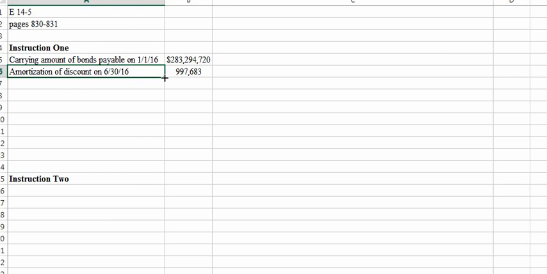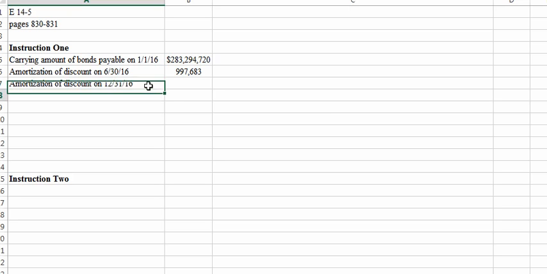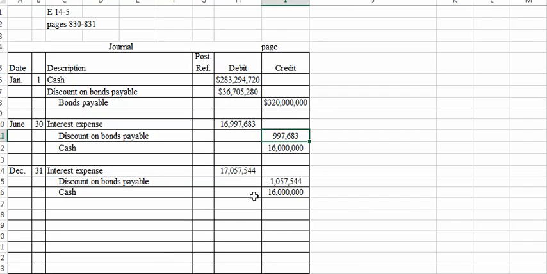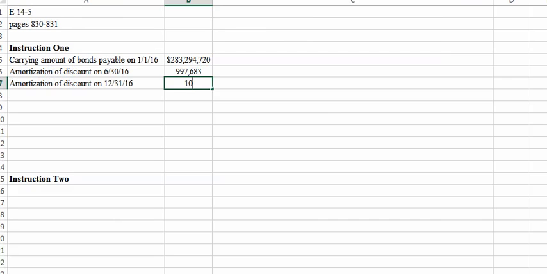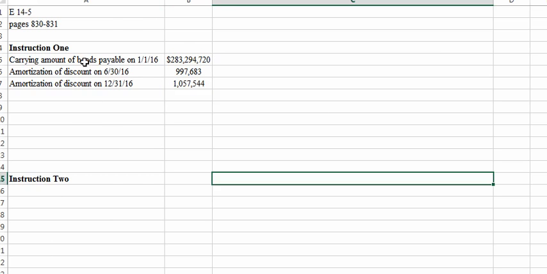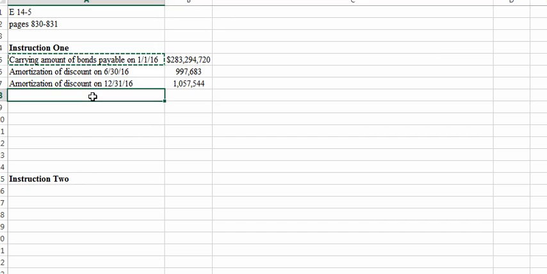Then we want amortization of the discount on 12/31/16. Okay, how much did we write off there? $1,057,544. So we're going to add those together, you guys. And that's going to give us the carrying amount of the bonds payable on 12/31/16.